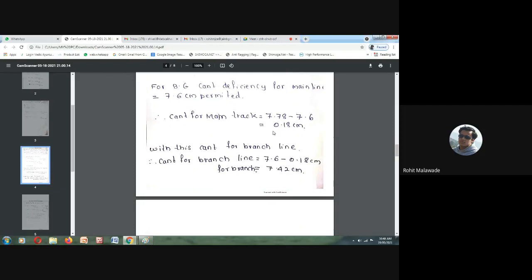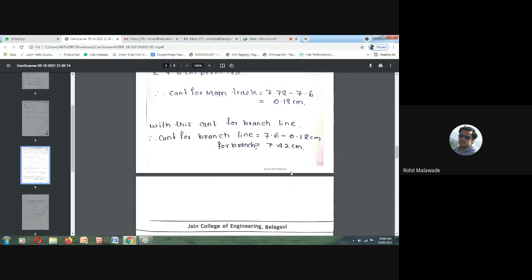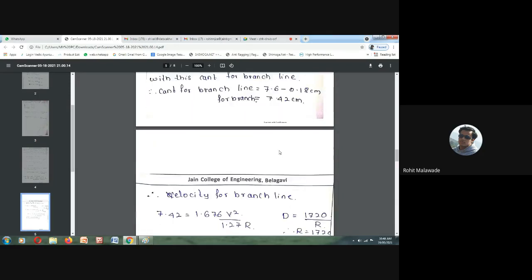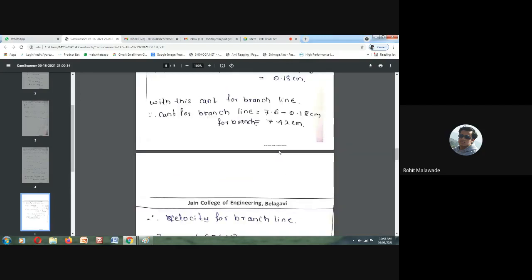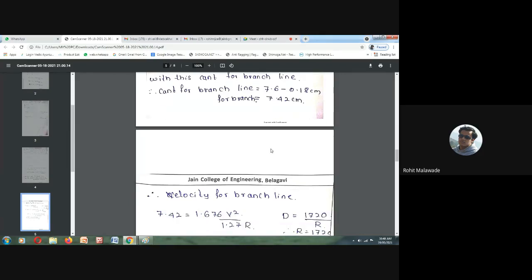Whatever cant we get for the main track, we keep for the branch line also. So the cant for the branch line that we are going to get is 7.42. So the main line will be 7.6 and the inner rail will be 7.42. So the cant for the branch line that we are going to provide is 7.42.